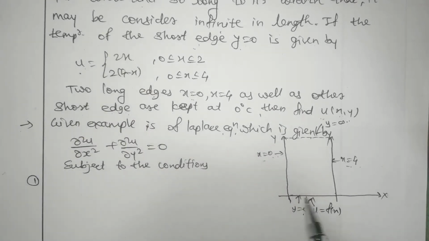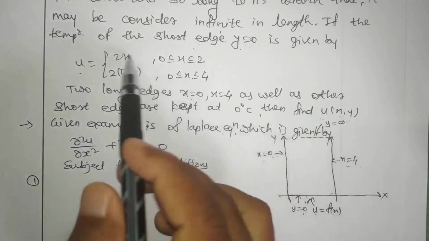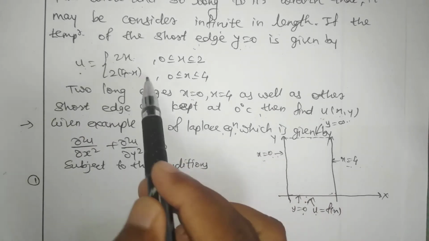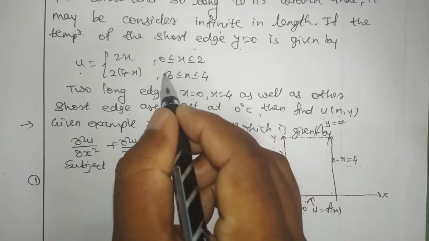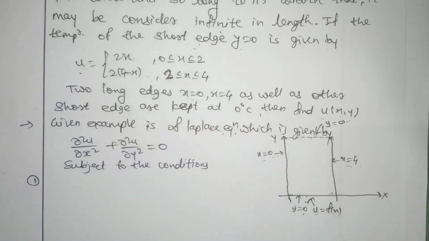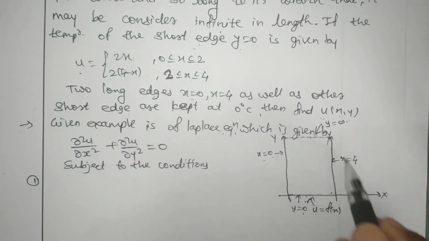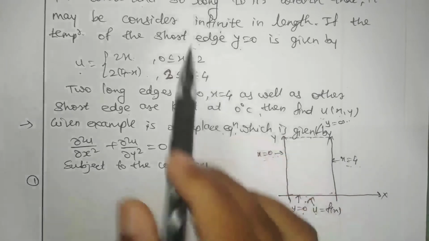So the temperature of this side is u = f(x), that means 2x and 2(4 - x) for 0 to 2 and 2 to 4. Here I changed the question, it is actually 2 to 4. We require the temperature of this side by using the question.